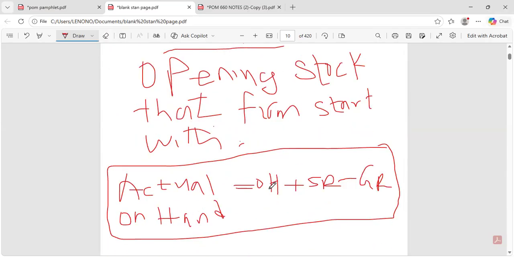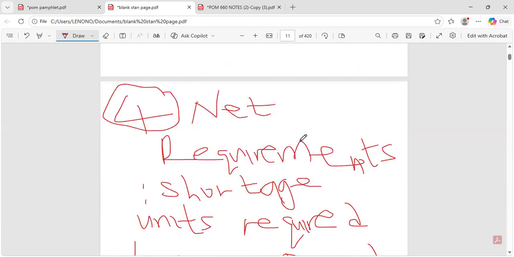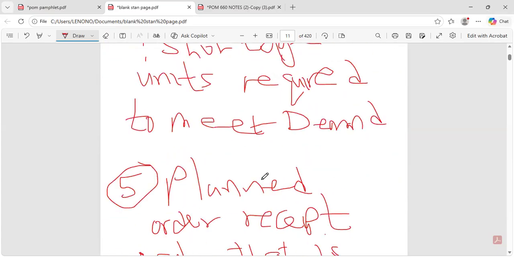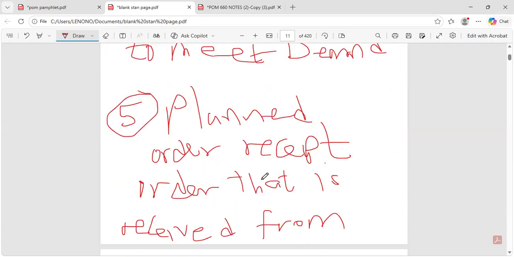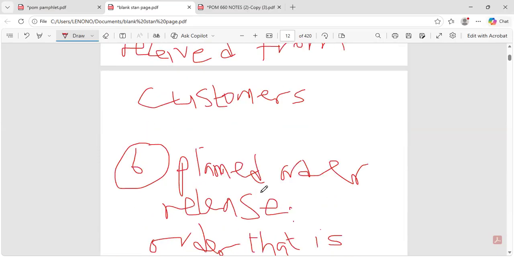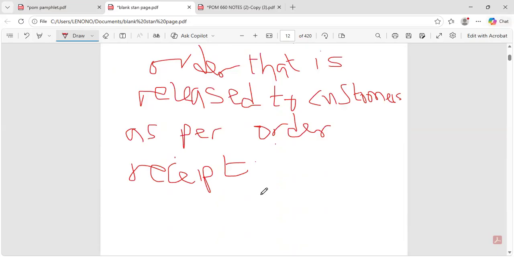So actual on hand is on hand plus scheduled receipts minus the gross requirements. The net requirement, these are shortage units required to meet demand. Component 5, planned order receipt, order that is received from customers. Planned order release, order that is released to customers as per order receipt.